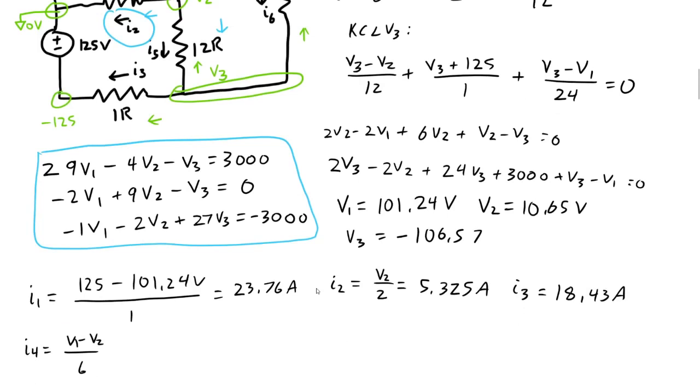Okay, so 101.24 minus 10.65, sorry, calculator, 90 divided by 6. We end up getting 15. Let's just say 15.1 amps.